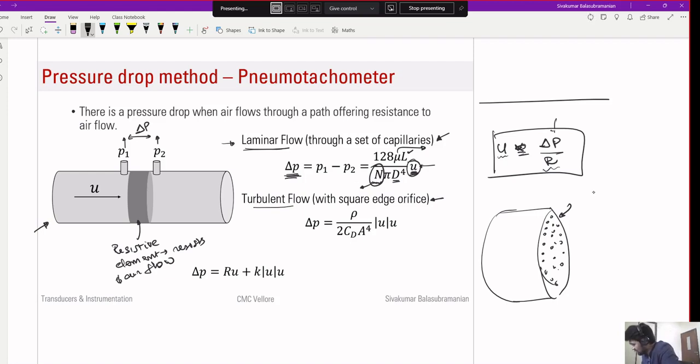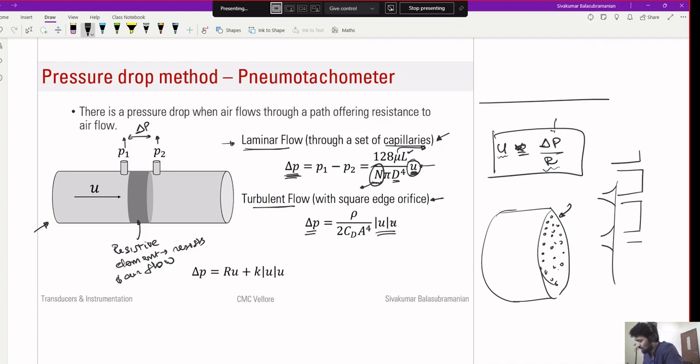Okay, and if you look at the capillaries itself, if they have smooth orifices like this, then this assumption of laminar flow is more and more correct. But if they have rectangular orifices like this, then you can have turbulent flow. Then the relationship between your pressure drop and your airflow velocity becomes more complicated.